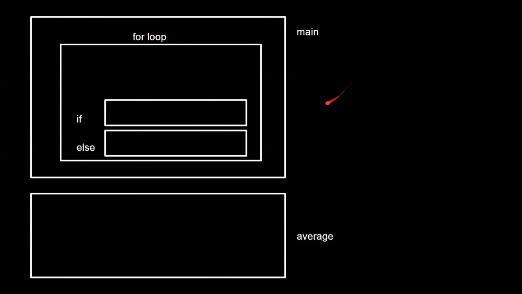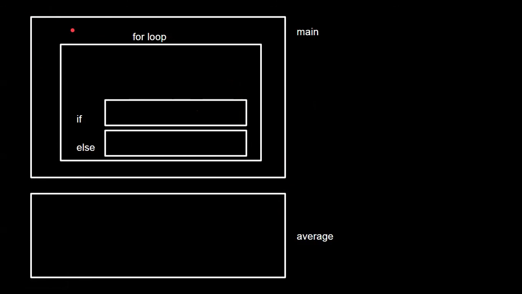You can imagine it as a curly brace. So this area shows where a curly brace starts and where it ends. So this is the scope of each statement. The scope of main is the biggest, then the for loop, and then if and else. So what does scope actually mean?